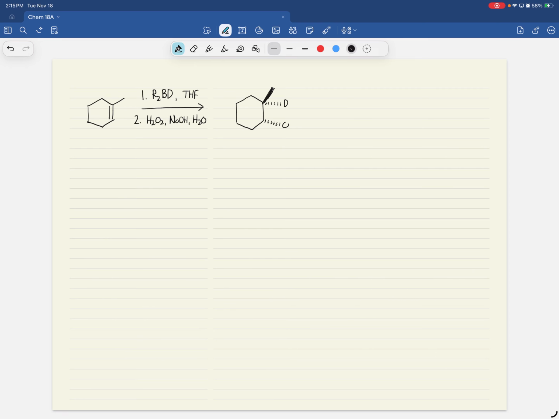But what do we know about alkenes? They're symmetrical, right? So I can attack with equal probability from the bottom, but also from the what? The top. So here we could write plus an enantiomer. So we're going to get the enantiomer too. So if you start with something that's not chiral, or that has zero optical activity, you're going to get a product that also has zero optical activity because the starting material is symmetrical.